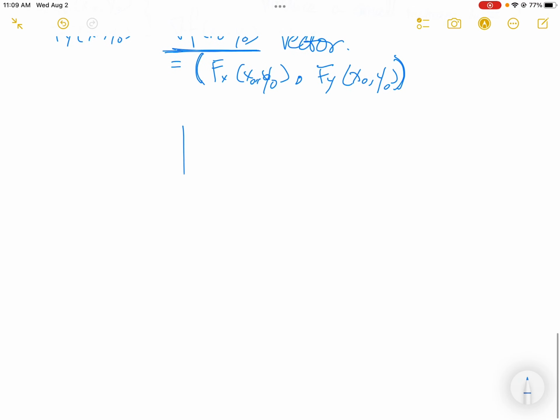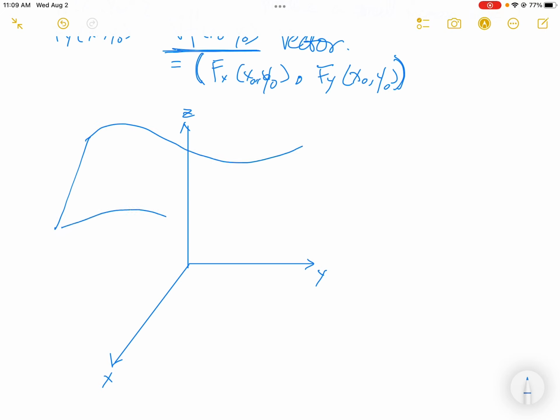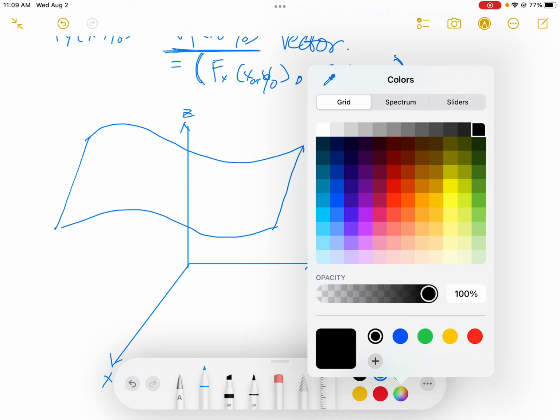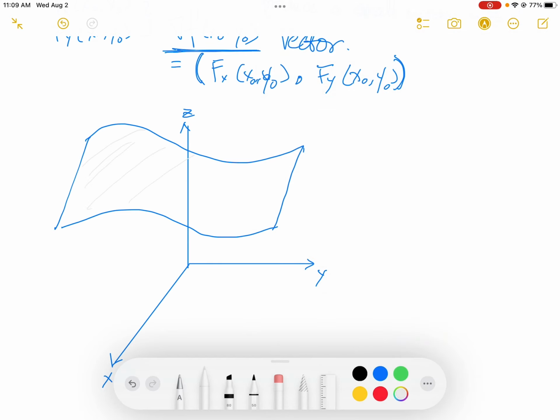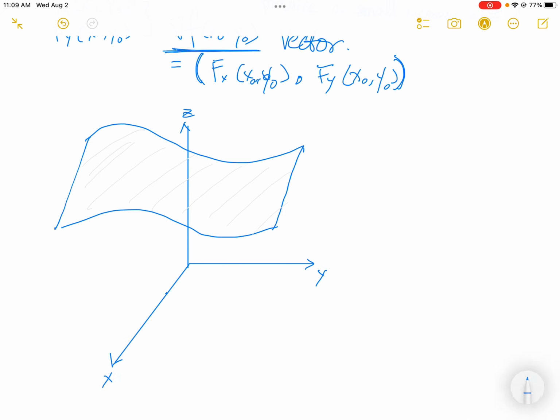So let's say I will draw the coordinates again here. So let's say we have, again, this plane here. And we have x0, y0.